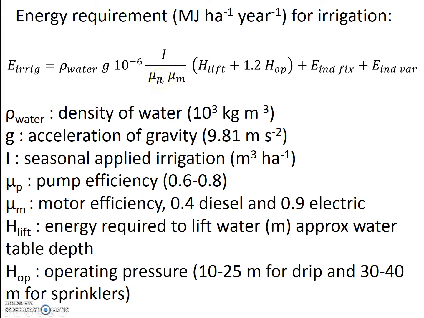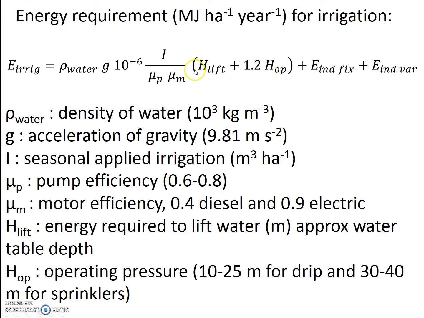Mu sub P is the pump efficiency, while mu sub M is the motor efficiency. The pump efficiency may lie between 0.6 and 0.8, while the motor efficiency will depend on whether we are using a diesel or an electric system. For diesel, mu sub M would be 0.4 and for electric it would be 0.9.